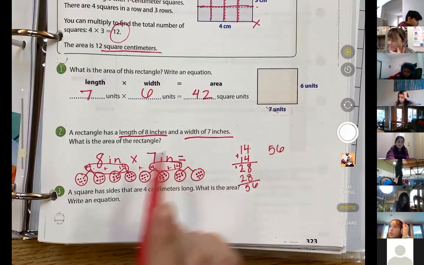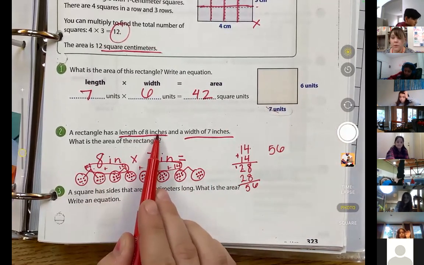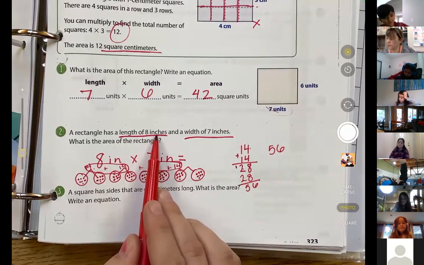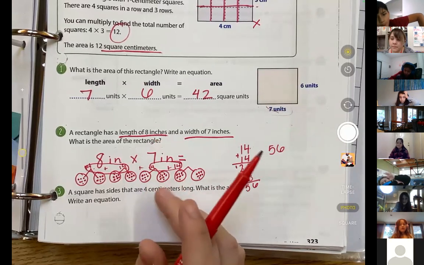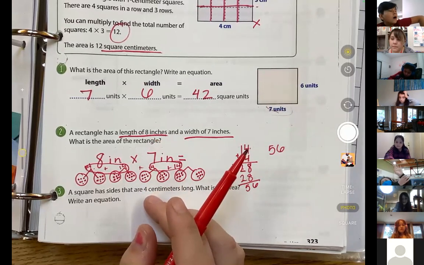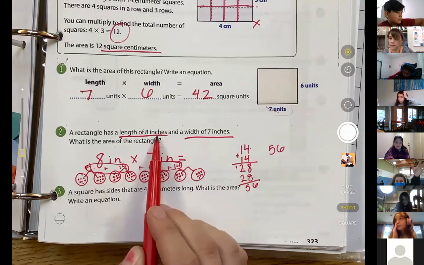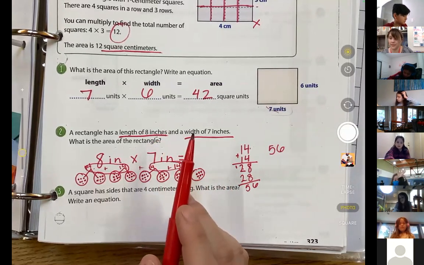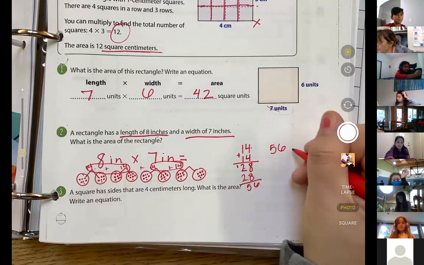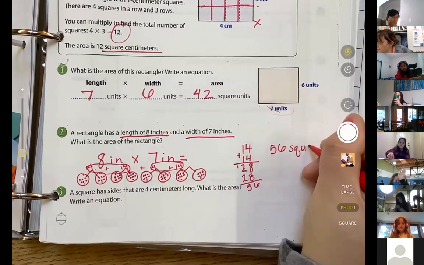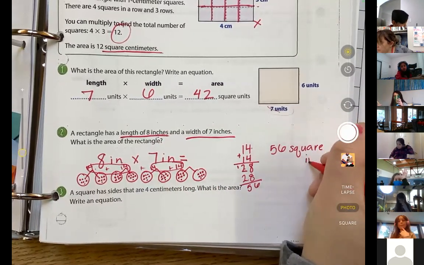Square unit. Okay, and then what units are we using though? What unit did they tell us here? The inches. Perfect. So we're gonna write square inches.